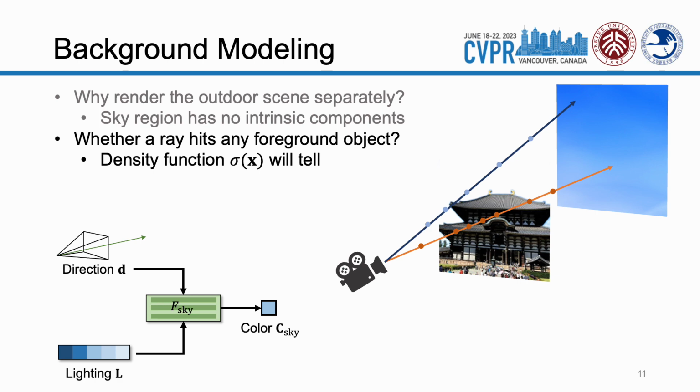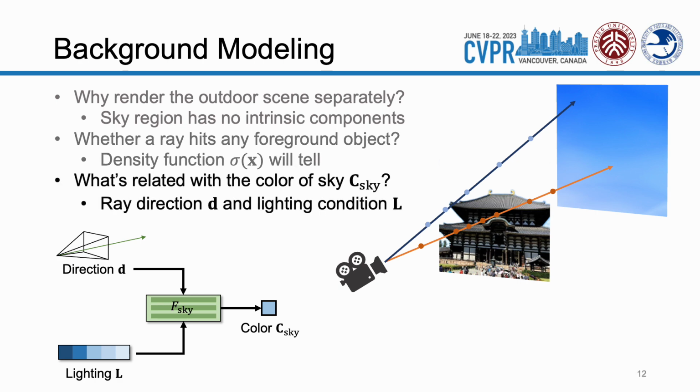If a ray hits nothing, the accumulated density should be close to 0, which means the pixel is part of the sky. Then, we decide to model the color with an individual MLP, named Sky MLP. As the appearance of sky is only related to the lighting coefficients, and the ray direction indicates the particular pixel, Sky MLP only takes these 2 components as inputs.